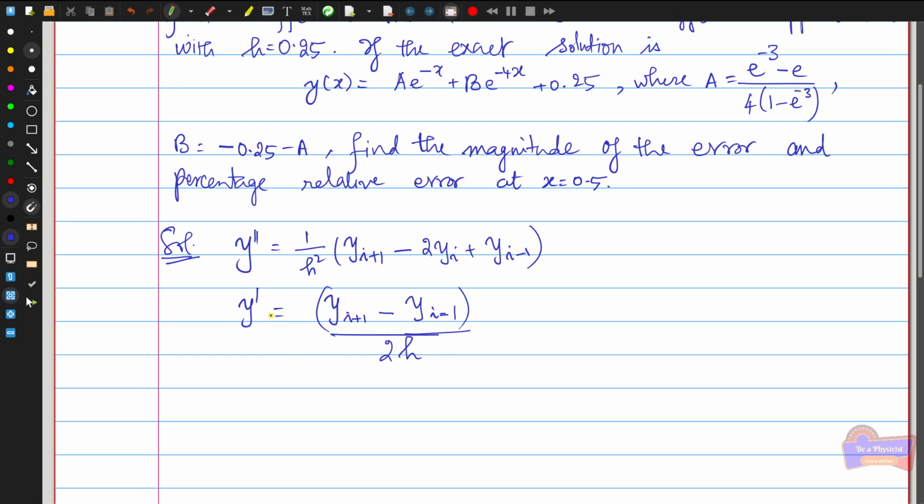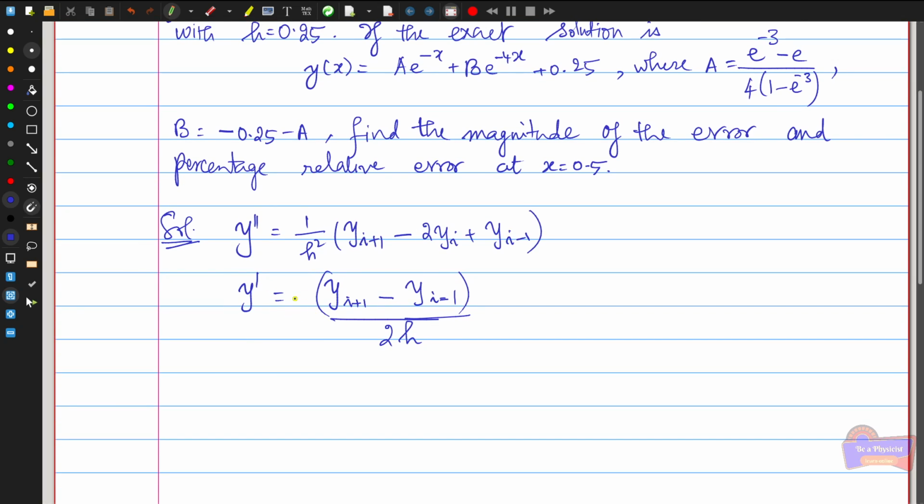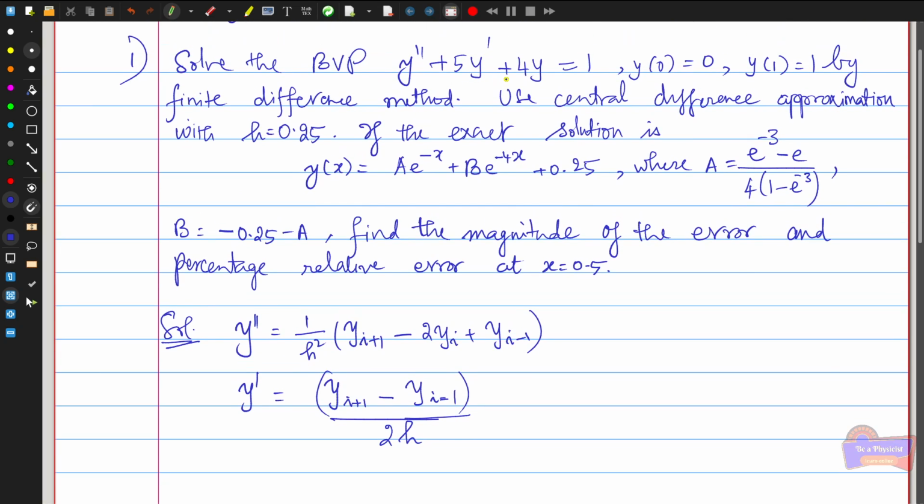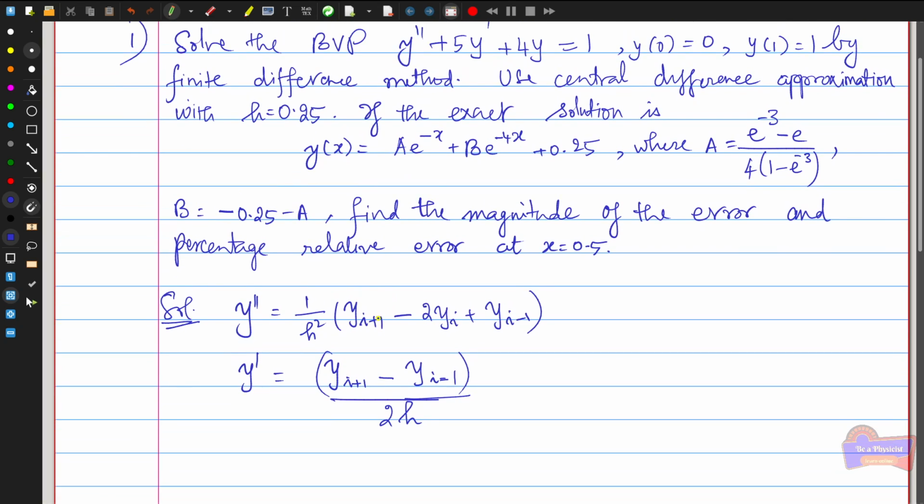This is the central difference approximation for the first order derivative. Now we just substitute these two equations in the main equation, and then we can solve it as usual.